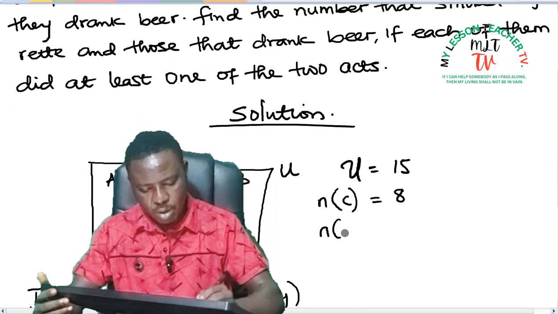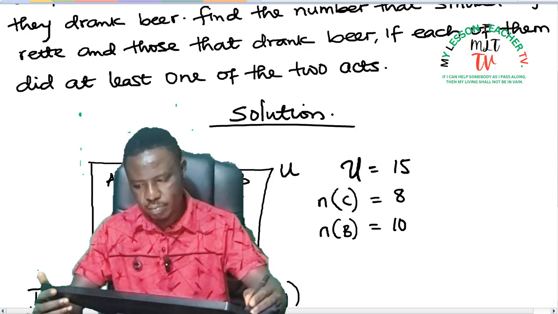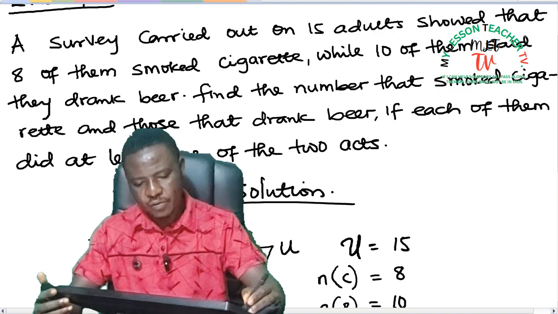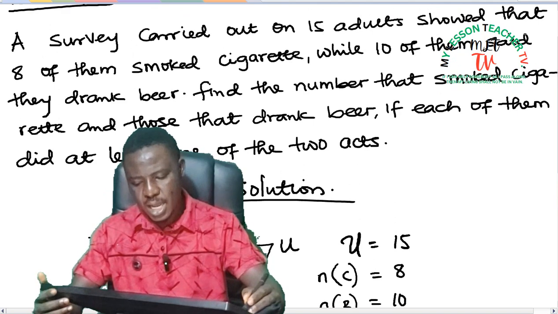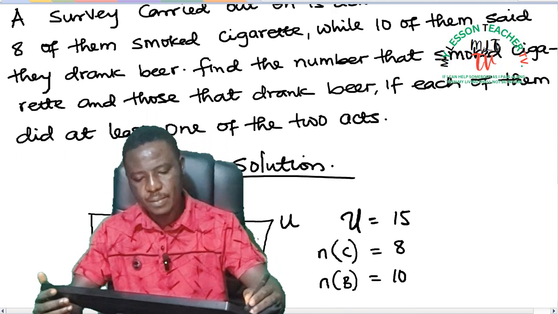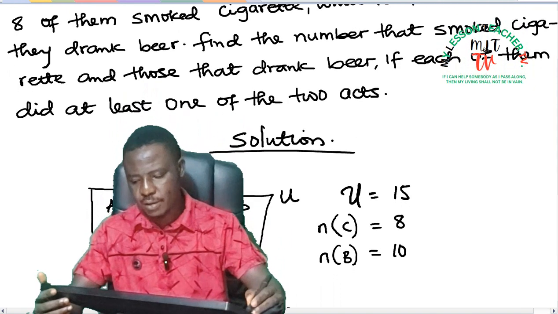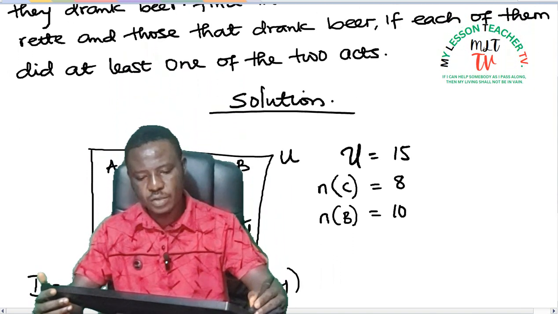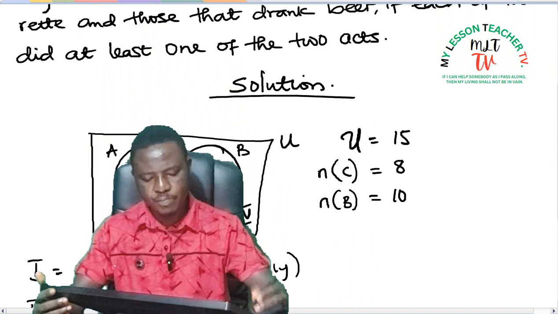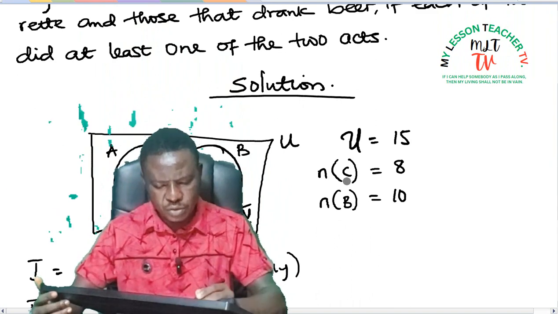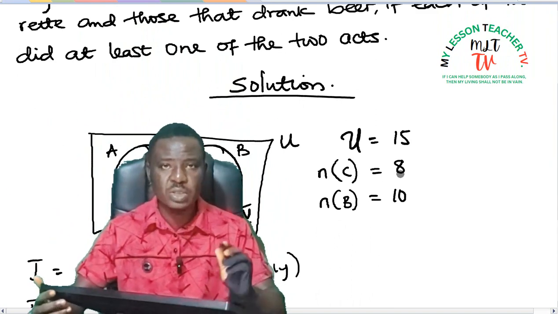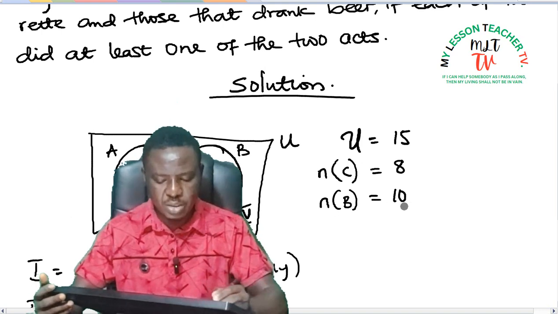So n of B, that is the number of B, is said to be 10. Find the number that smoked cigarettes and those that drank beer, if each of them did at least one of the two acts.